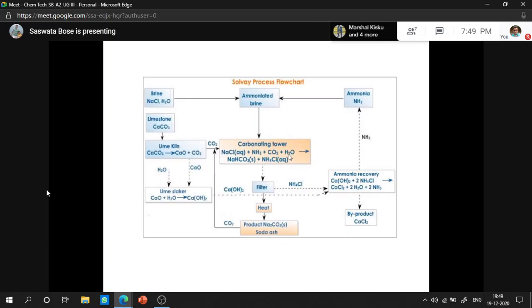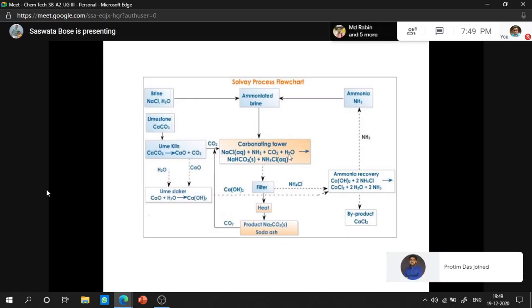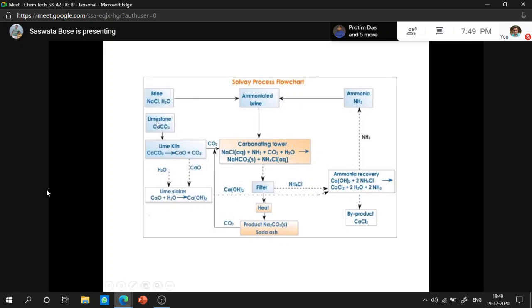Now, as I mentioned, from where the carbon dioxide is coming, it is coming from the lime kiln section. Here the limestone, আগের দিন বলেছিলাম, I think you remember those things. In the lime kiln section, the limestone is burnt to produce carbon dioxide and lime.